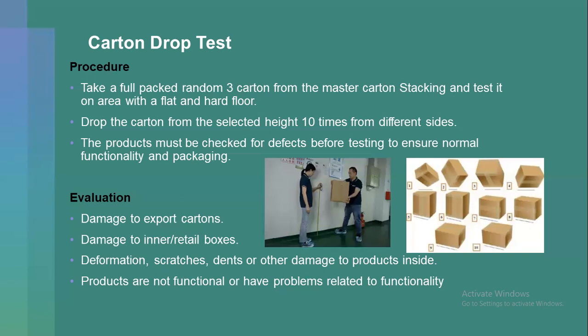During the carton drop test, we can evaluate the condition of the carton, whether it got damaged or not, then damage to inner and retail boxes, deformation, scratches, dents, or other damage to the product packed inside, then its functionality. So after performing the drop test, whether the functional product is working properly or not.